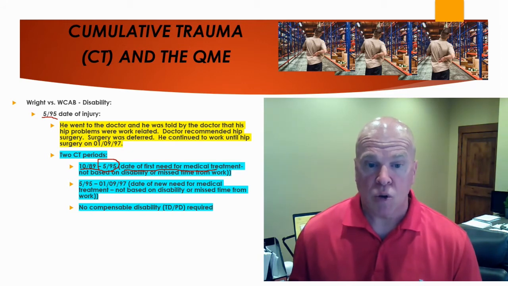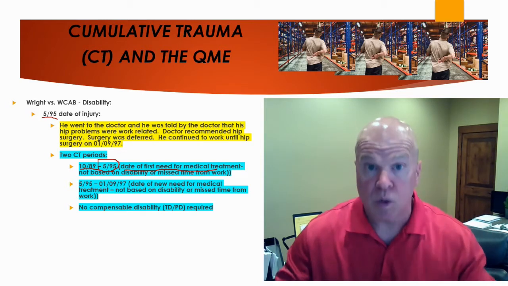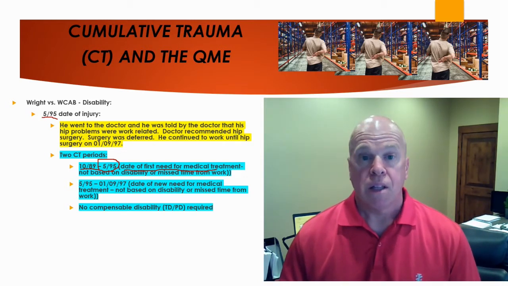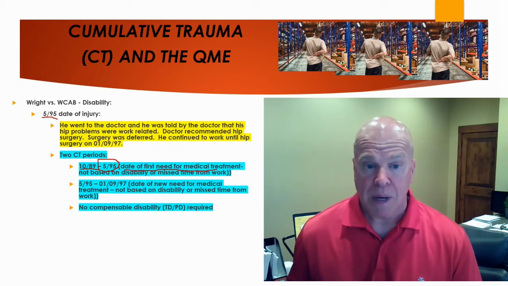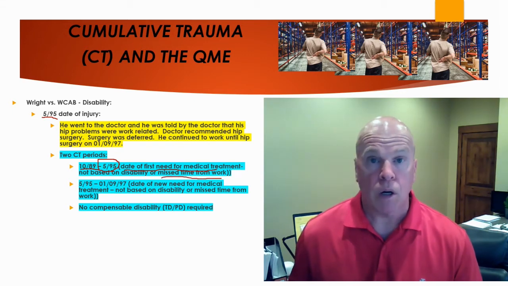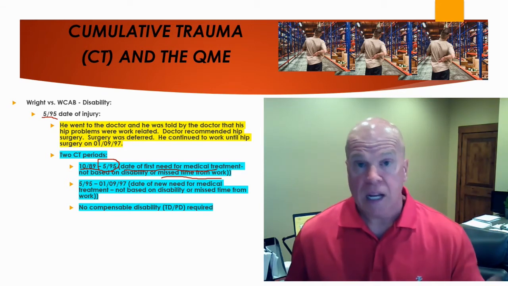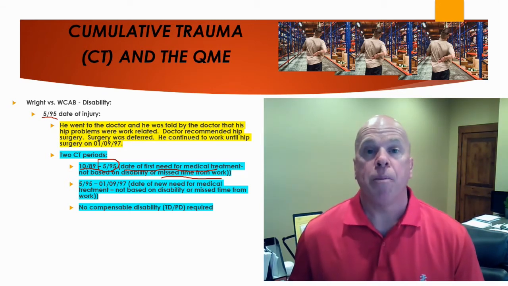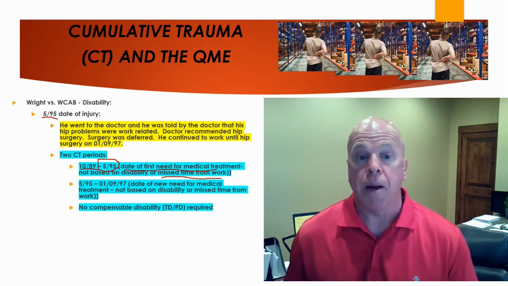The date of medical treatment was sufficient to establish the disability. So it was the need for medical treatment that established the disability, because the disability was not based on missed time from work, from lost wages, for the need for orthopedic devices, or any of the other criteria that we talked about. In this case, it was the date of first need for medical treatment.